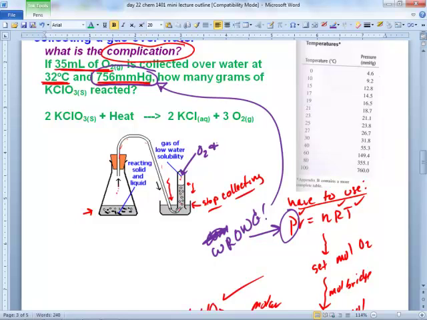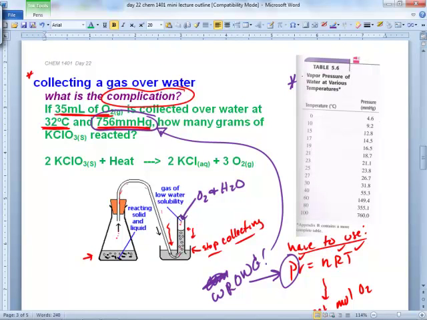You can't stop it. So what we are really using is total pressure if we use 756, because here I am, water. So the only trick to this is to take this 756 and subtract out the pressure due to the water. And how do you get the pressure due to the water? It's these tables.